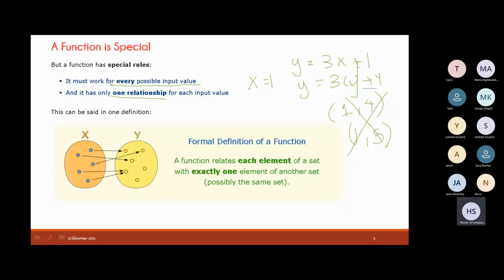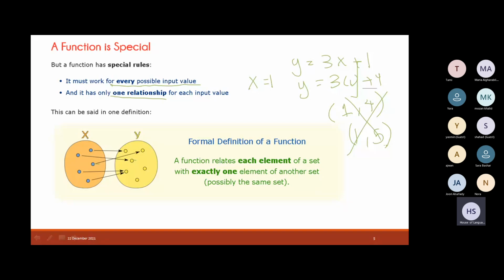Because the 1 has only one pair, which is 4. We will just write 1 once. So when we write only 1 and make a relation between it and two outputs, that's wrong. That means each input has only one output. This is what I mean by it. But sometimes, this is for the first system. Later on I will talk about the second thing.